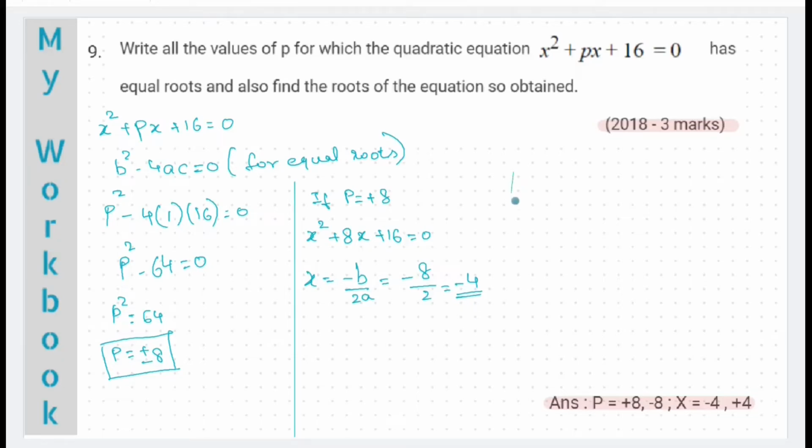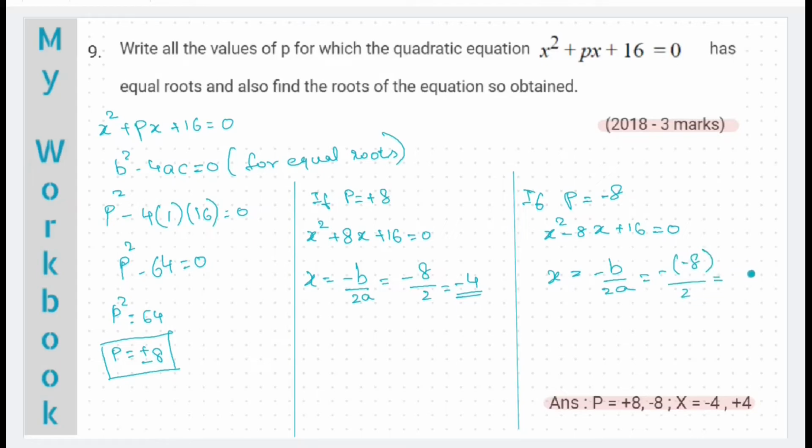And in the next condition, when p is minus 8, the equation will be x square minus 8x plus 16 is equal to 0. Again, the equal roots will be minus b by 2a, which is minus of minus 8 by 2.